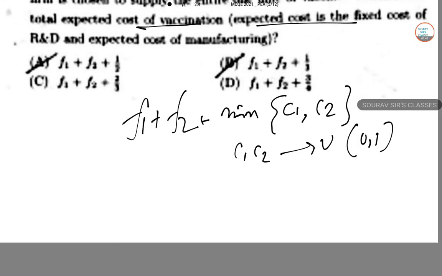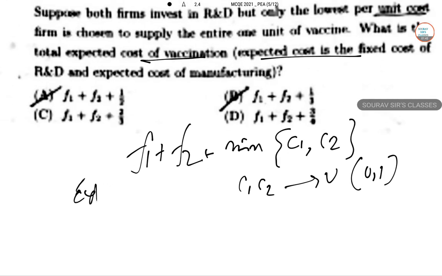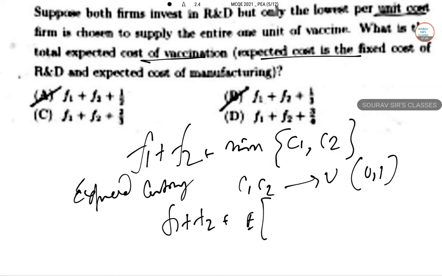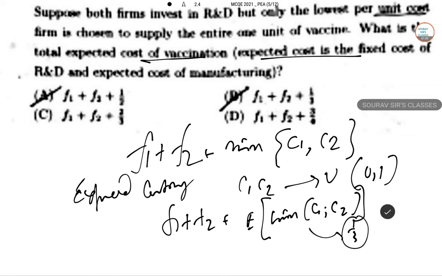Therefore the expected total cost is F1 plus F2 plus the expectation of the minimum of C1, C2. And the expectation of the minimum of C1, C2 we can cross check to be 1 by 3. So we just put this value: F1 plus F2 plus 1 by 3. So B is the answer.